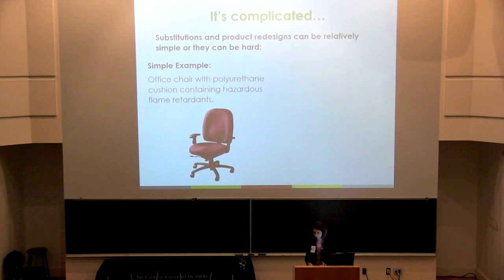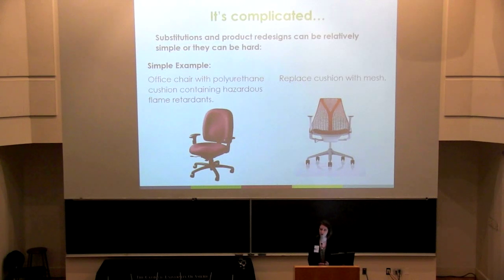So a relatively simple example would be, for instance, if you're looking at an office chair. Polyurethane foam contains flame retardant chemicals, and a lot of these chemicals have very, very questionable health impacts. And so one idea would be to simply redesign your chair so that you don't have a polyurethane foam cushion and you have a mesh instead.